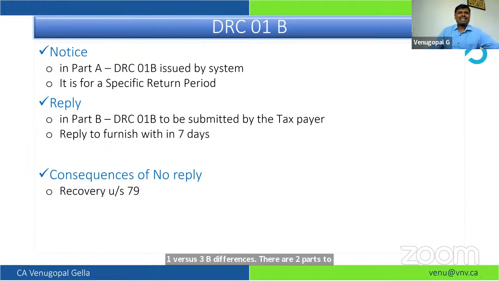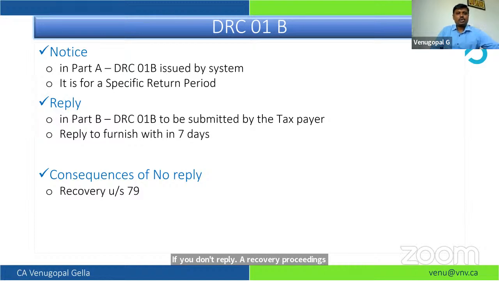Part A is system generated. Part B is the reply of the taxpayer. The reply should be furnished within 7 days. It comes when the value reported in R1 is higher than the value reported in 3B. If you don't reply, recovery proceedings under section 79 would be initiated.